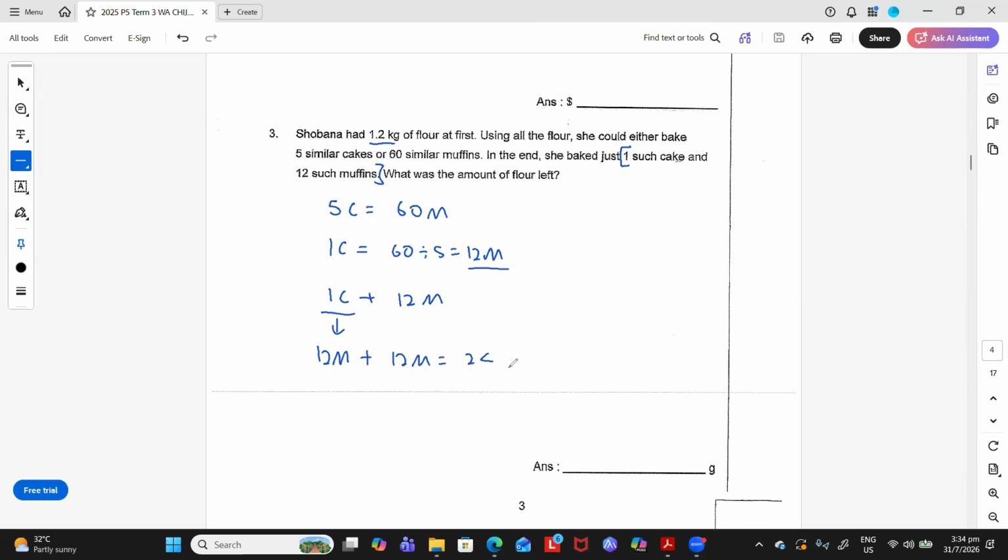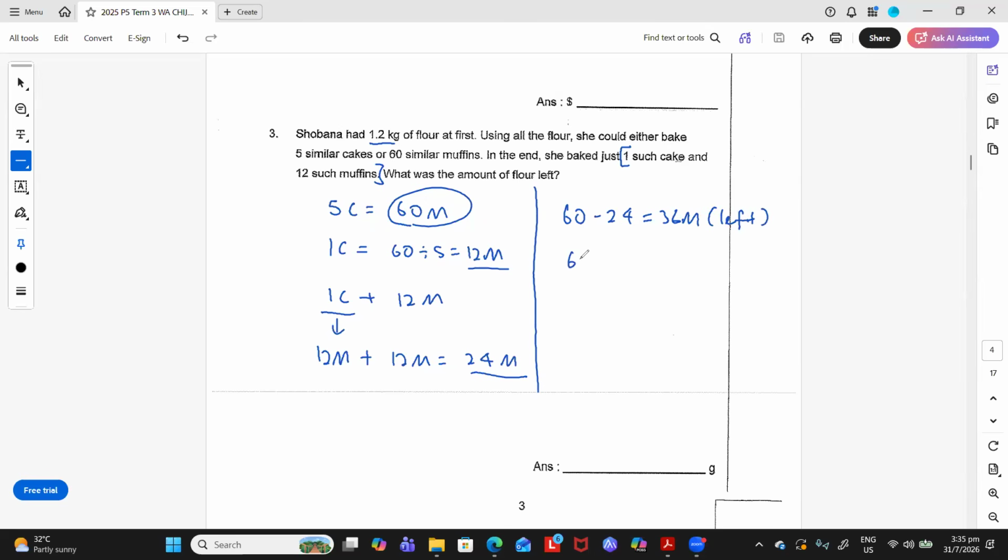You'll get 24 muffins. So her total is equivalent to 60 muffins, right? So if she used 24 muffins worth of flour, she'll be left with 60 minus 24, which is 36 muffins worth of flour. So right down here is left.